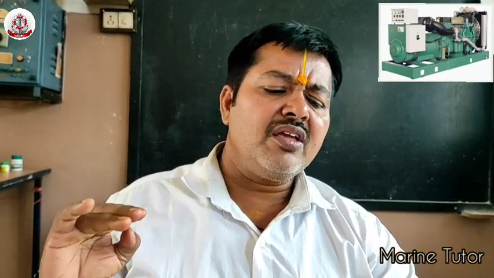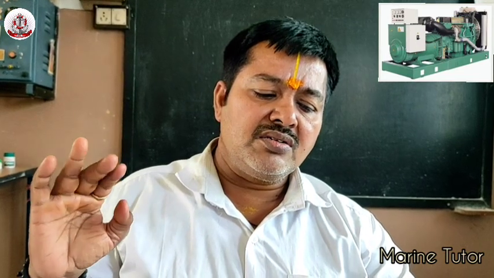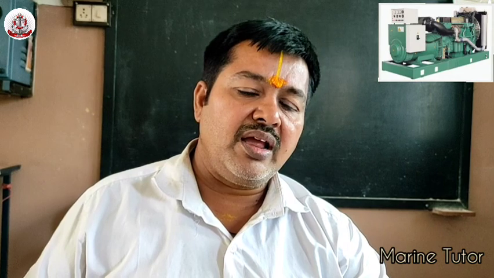We have to ensure the balanced power supply, and balanced power supply consists of calibration of ammeters, voltmeters, frequency meters, all these types of meters. So a periodical calibration is noted down.